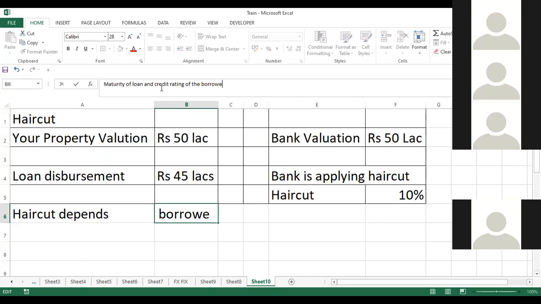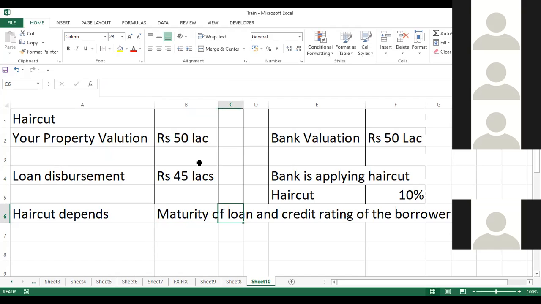So if somebody asks you what the drivers of haircut are, broadly these two factors are taken into consideration while the haircut is decided. So 10% is just a number which I've given you, but this 10% can vary from situation to situation depending upon the condition that we're talking about here.